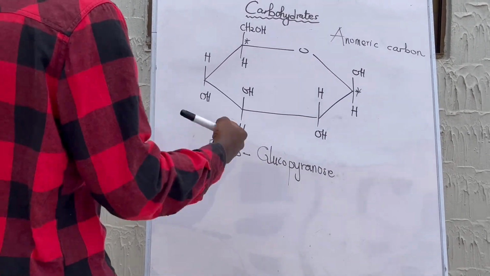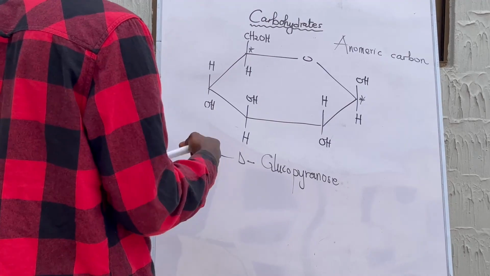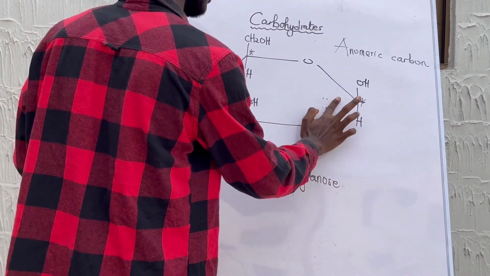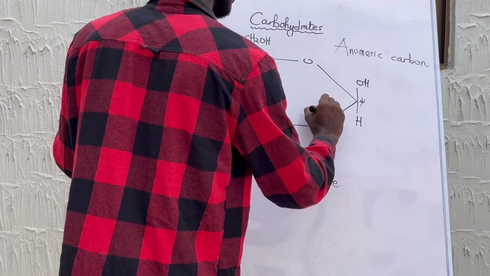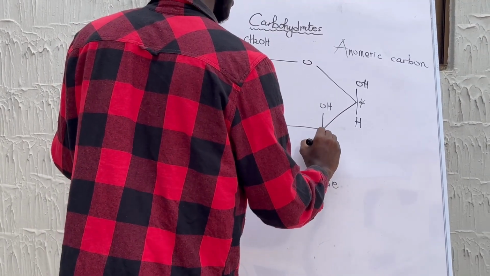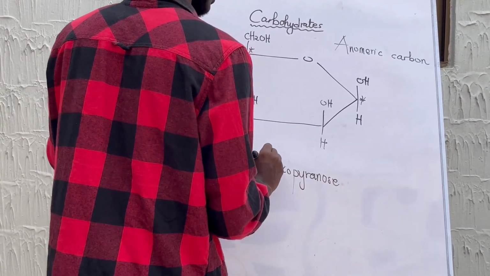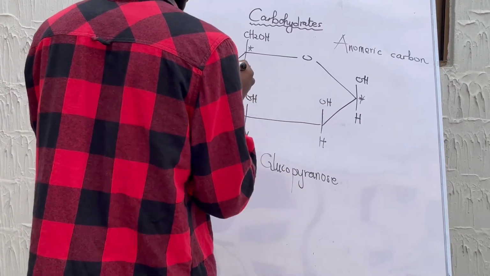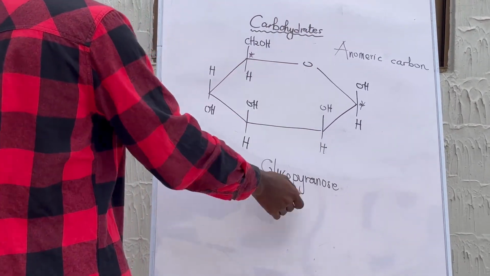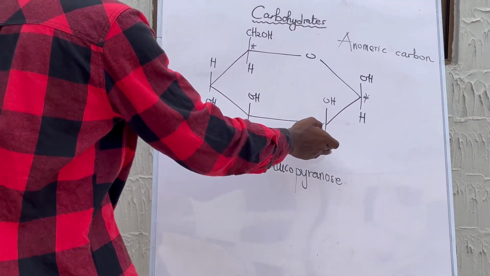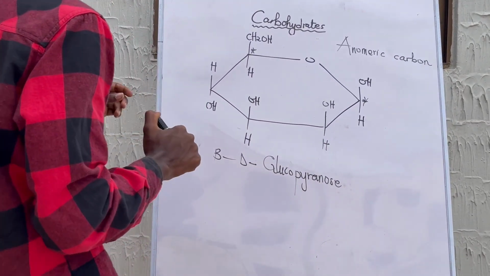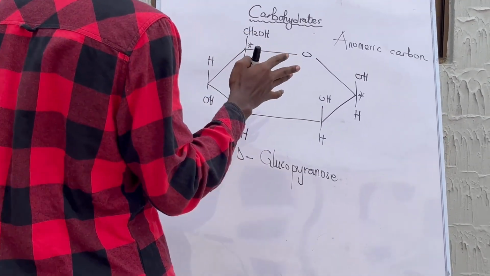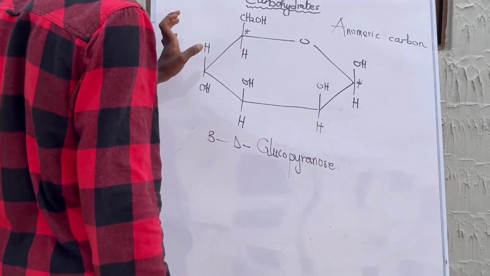Now, this one is glucose. What if you have a change in configuration at carbon 2, where you have your OH on this side and your hydrogen here? Then it means the initial one that I drew and this particular structure are epimers, because they differ in only one configuration, at carbon 2. And what did we say the relationship is between a sugar that changes in configuration at carbon 2 and glucose?